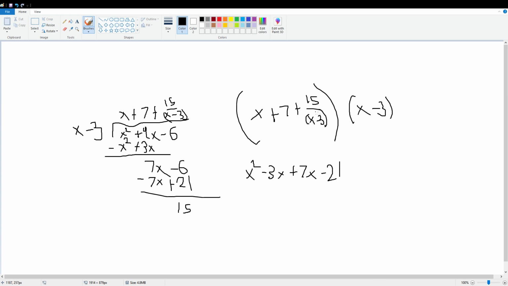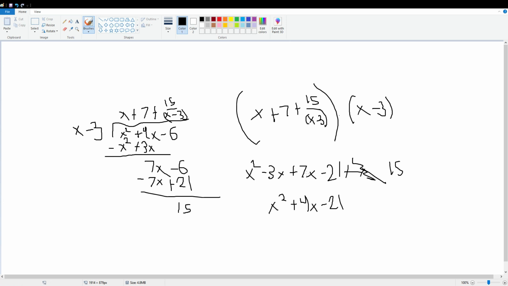And 15 divided by x minus 3 multiplied by x minus 3 is 15, because they both cancel out. So we're left with x squared plus 4x minus 21.